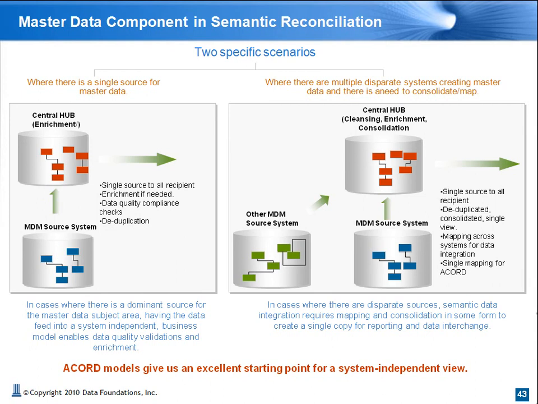Additionally, this approach allows for data enrichment and data quality checks outside of the source system, and it eliminates point-to-point interfaces. For the second group, or in cases where there are disparate sources, semantic data integration requires mapping and consolidation in some form in order to create a single copy for reporting and data interchange.